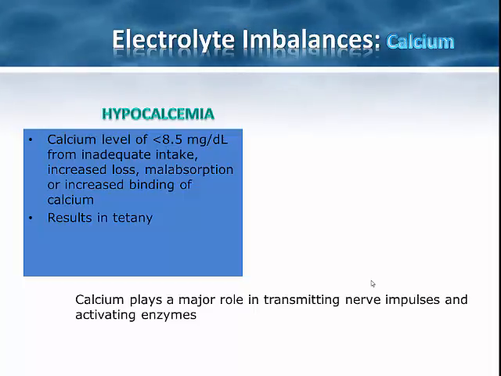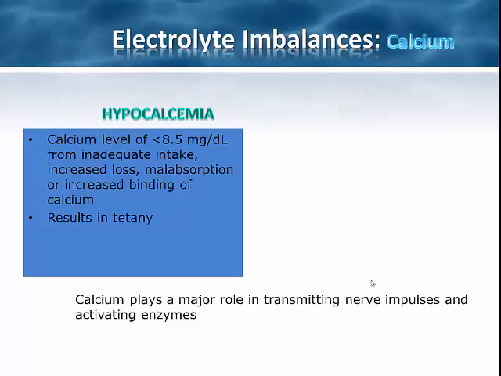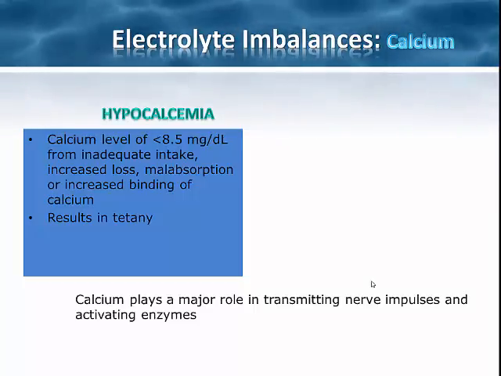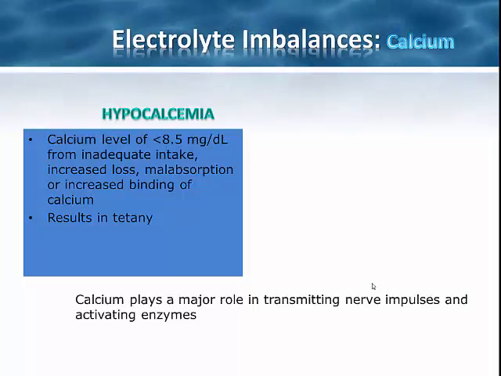With hypocalcemia, you'll also watch for arrhythmias, ST and EKG changes. There'll be an increase in bowel sounds and diarrhea. Again, tetany or twitching of muscles would cause that. There's another symptom called Chvostek's sign, which is facial twitching.